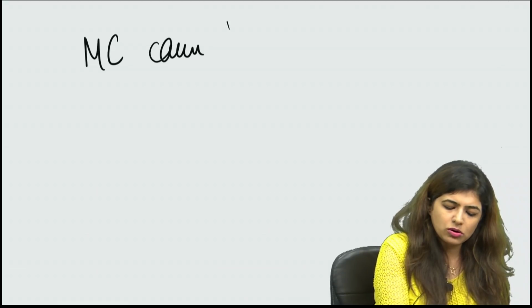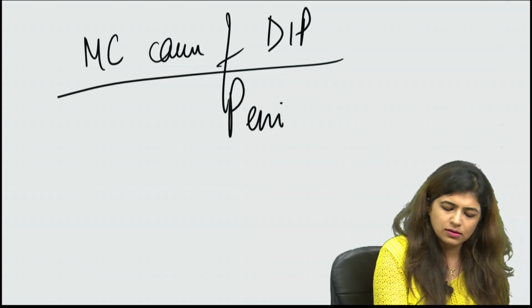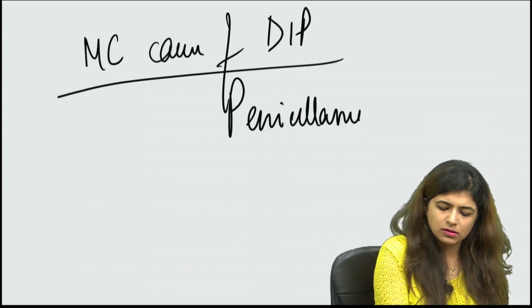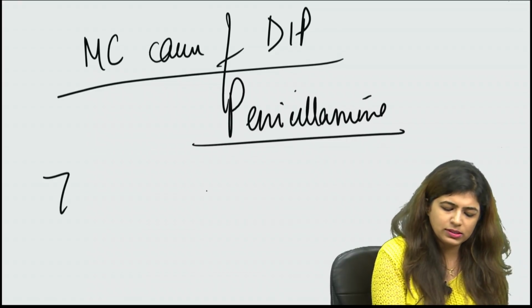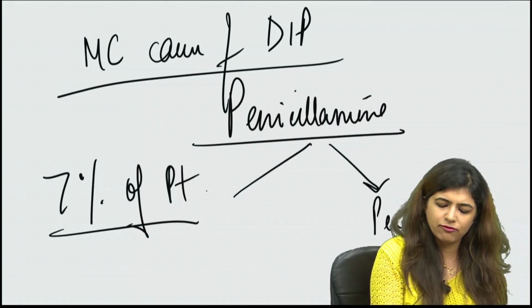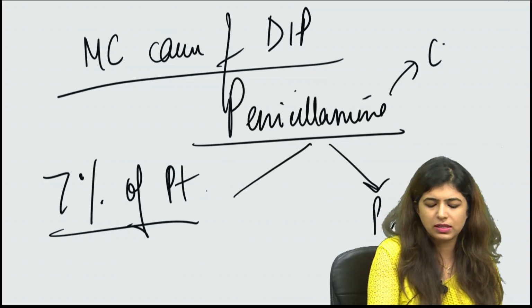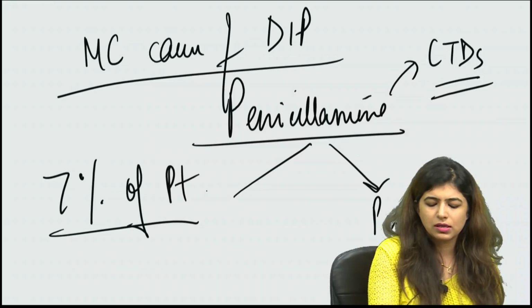So most common cause of drug-induced pemphigus is penicillamine. Around 7% of the patients who use penicillamine have pemphigus. And what are the patients who take penicillamine? Generally the patients with connective tissue disorders like SLE or rheumatoid arthritis.